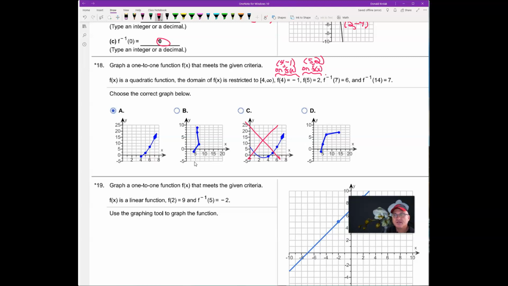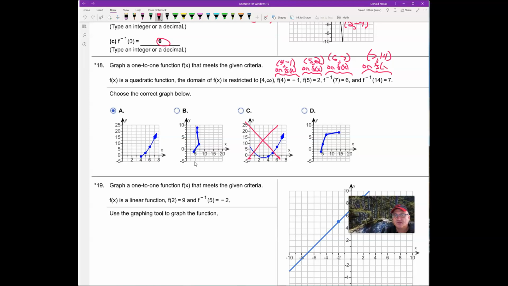Okay, now this next one is an inverse. So what that tells me is 7, 6 isn't on the original, 6, 7 is on the original, because that's an inverse notation. This one's an inverse, so I know that the point 7, 14 is on the original.